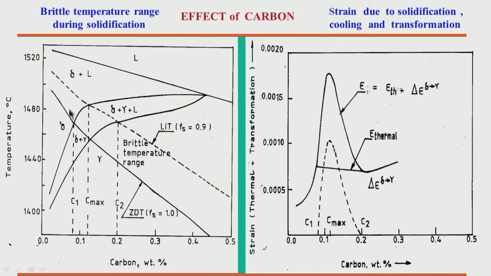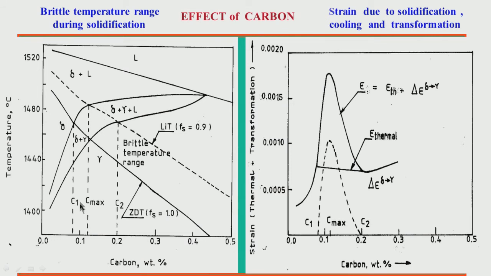I have mentioned that we have to be careful about this brittle temperature range. If the transformation takes place below or above this temperature range, we need not worry. But if this delta to gamma transformation is taking place within this brittle temperature range of solidification, it is a matter of worry.